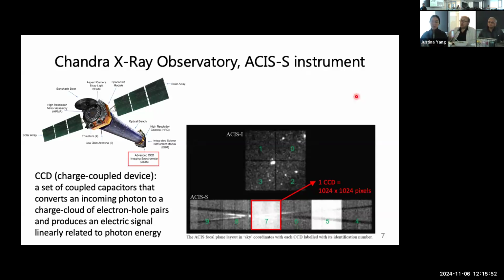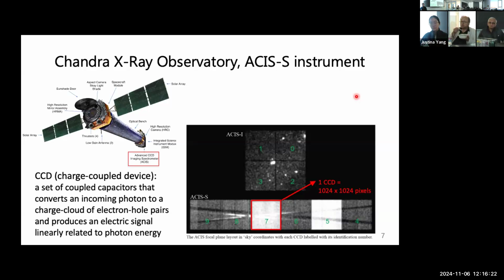Here the detectors are CCD detectors, where incoming photons that travel through the body of the telescope and are reflected off of mirrors will eventually come incident on the detector and be converted to a charge cloud of electrons, which will then be translated into the final signal.